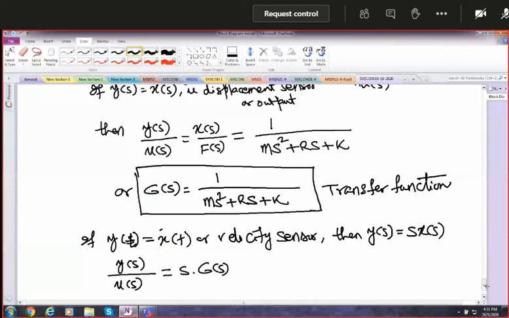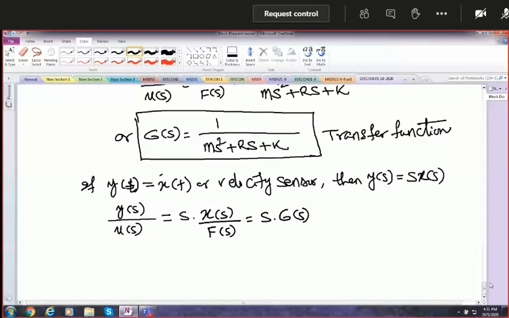So we have already found X(s) by F(s); s times that, so G(s) equals s by m s squared plus r s plus k.